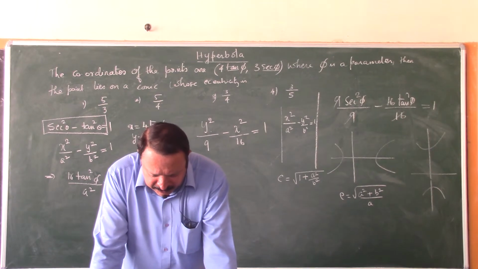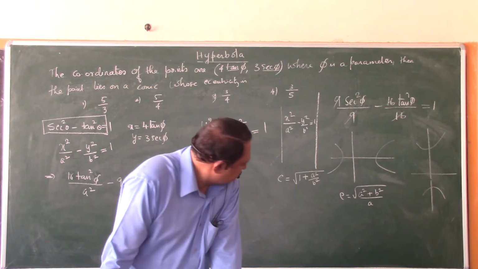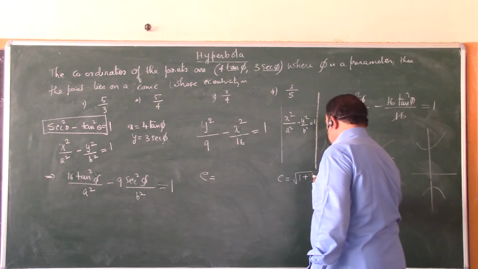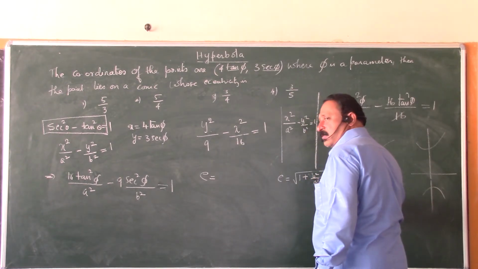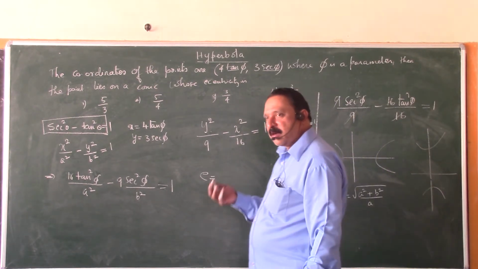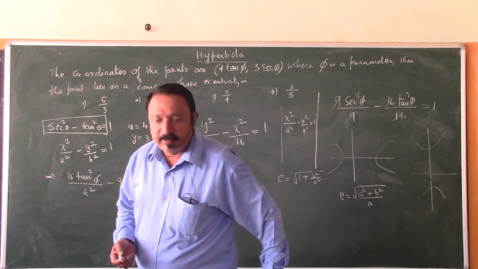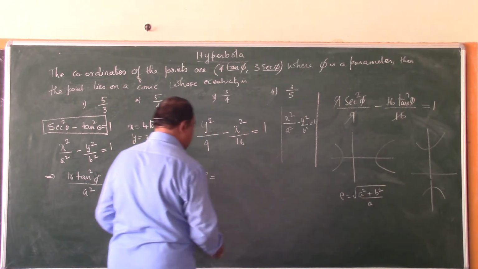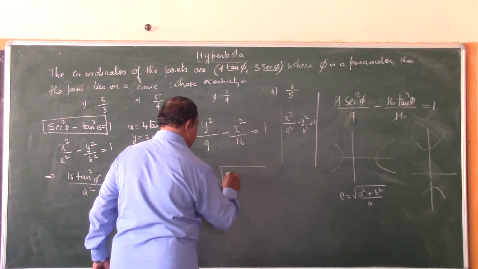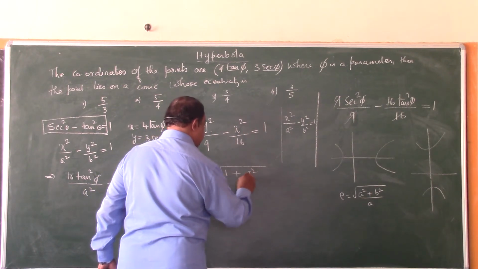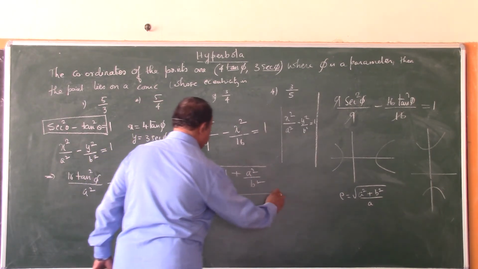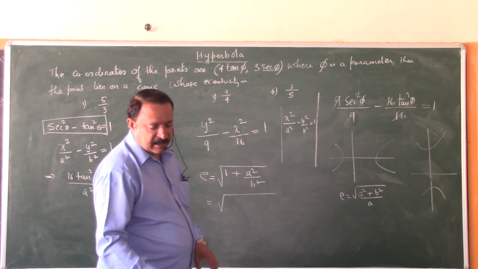Okay, now you write. Now this is b square by a square for regular hyperbola. For conjugate hyperbola, it will be, okay, now you write E is equal to square root of 1 plus a square by b square. Now substitute the values of a square and b square.